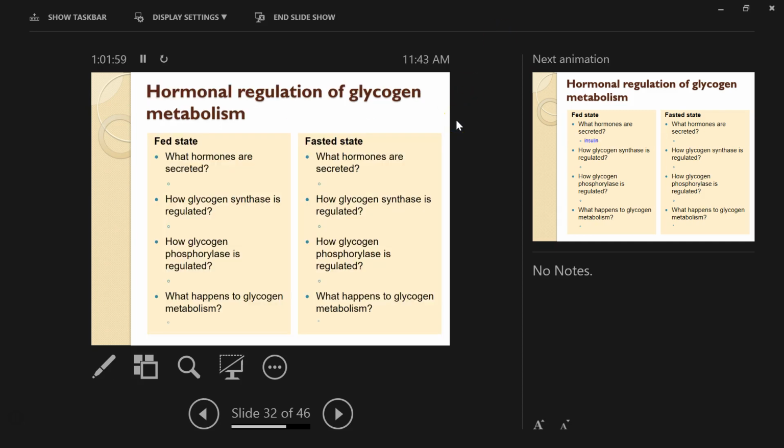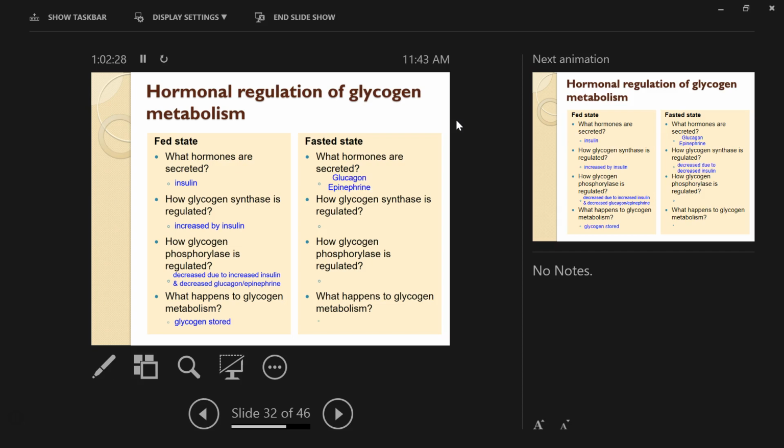All right, this gives us a summary of hormonal regulation of glycogen metabolism. Under the fed and fasting conditions, do you have a blank or a filled one? Filled, right? Okay, that's good.